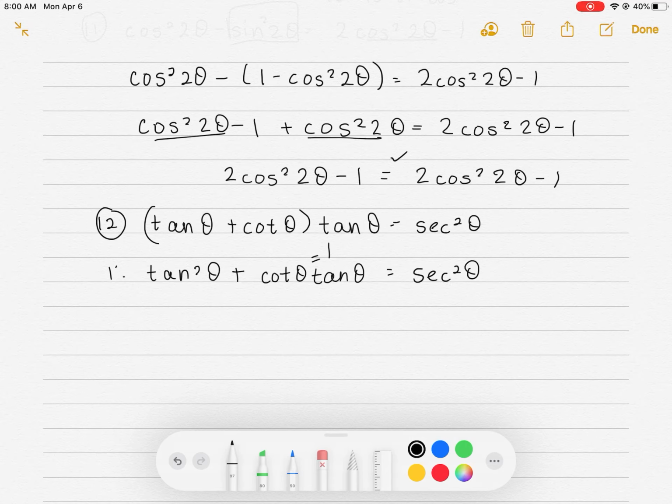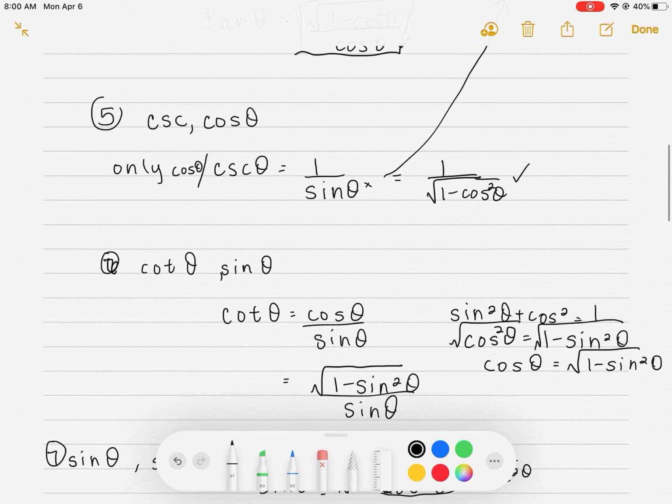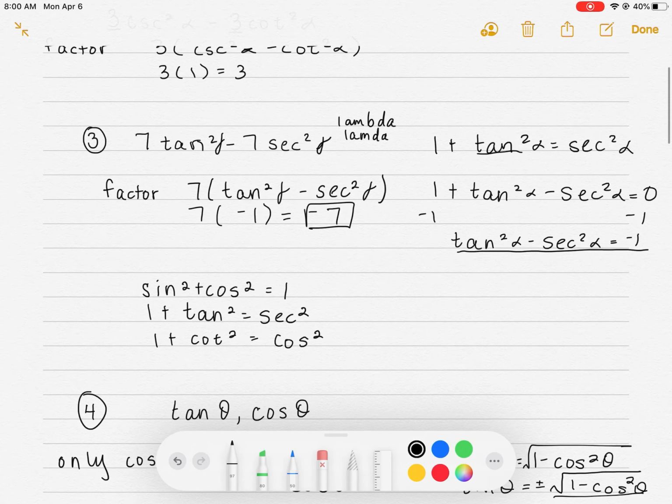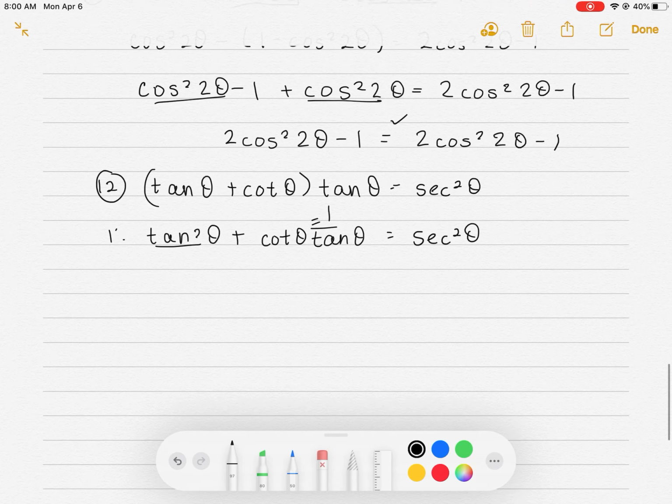All right, anytime I see squared values, I'm hoping it's one of my trig identities. So tangent squared of theta plus 1. I come up here and tangent squared of theta plus 1 is equal to secant squared of theta. So let's see if that's what it's supposed to be equal to. It is. So then my answer is secant squared of theta is equal to secant squared of theta.